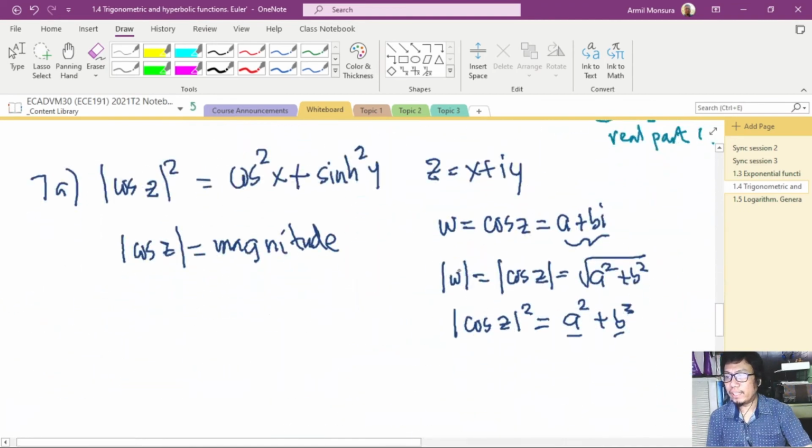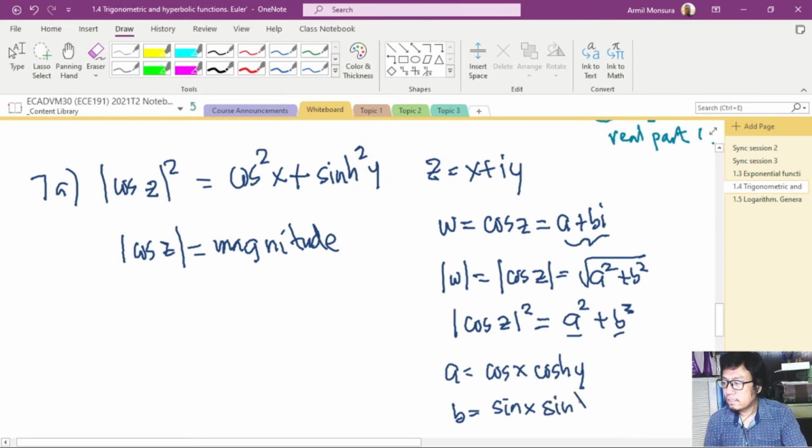So, we take note that in this case, your a is cosine x hyperbolic cosine of y, and b is sine x hyperbolic sine of y.